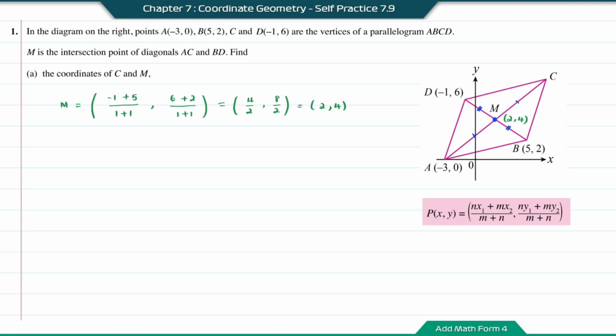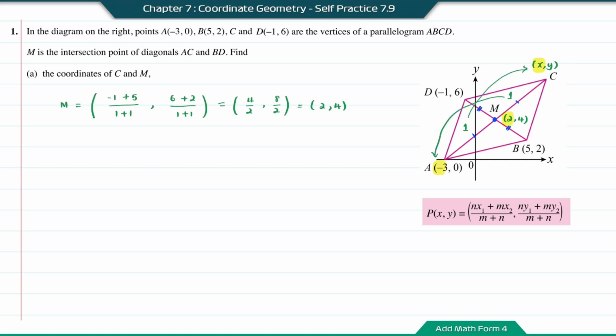So now we can proceed to find the coordinate C, as we know the coordinate M. Let's say the coordinate C here is (x, y). Again, the ratio AM to MC is equal to 1 to 1.